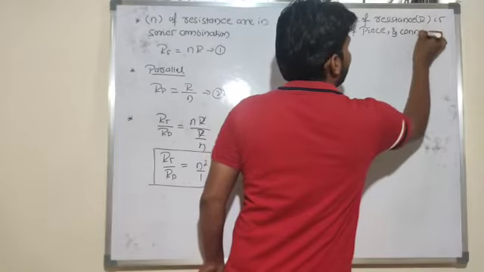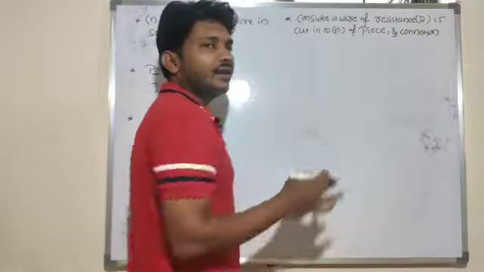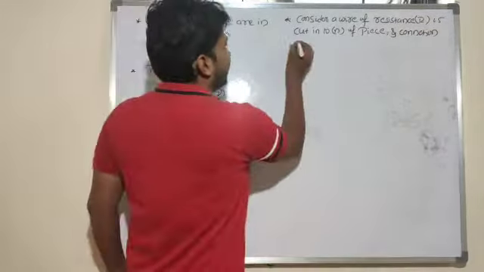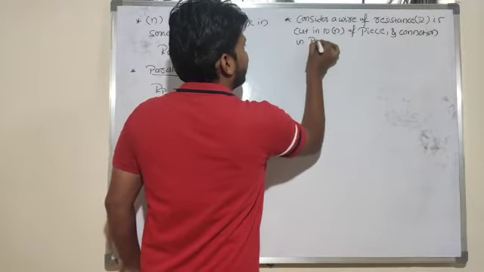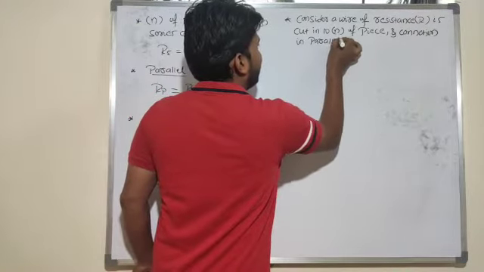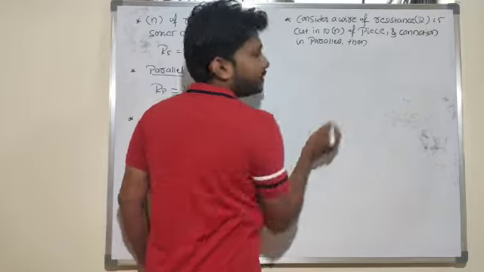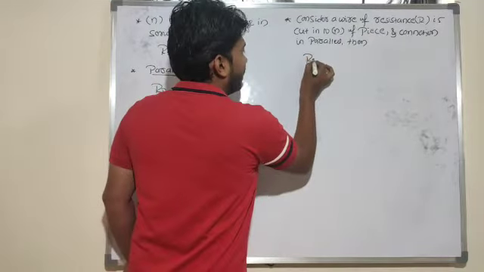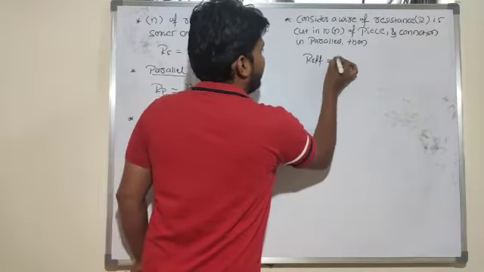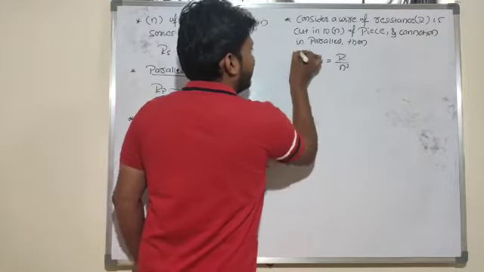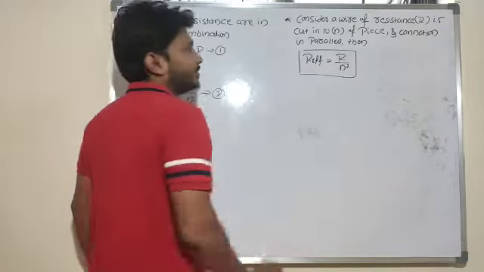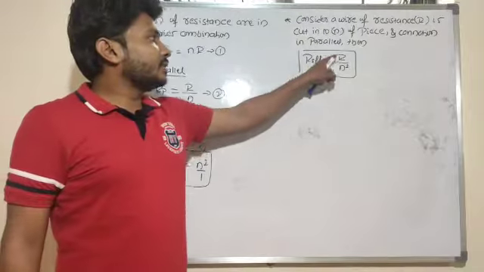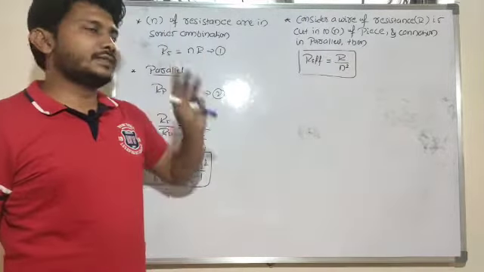Then the effective resistance is R divided by n square. What is the effective resistance here? The effective resistance is equal to R divided by n square.